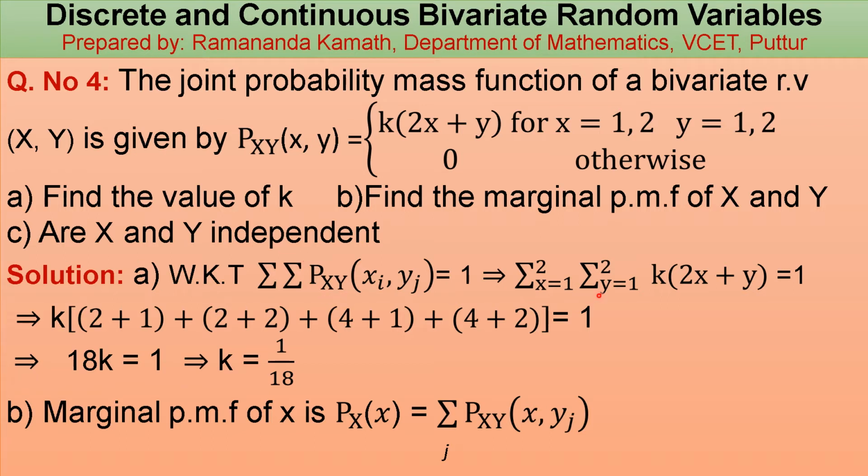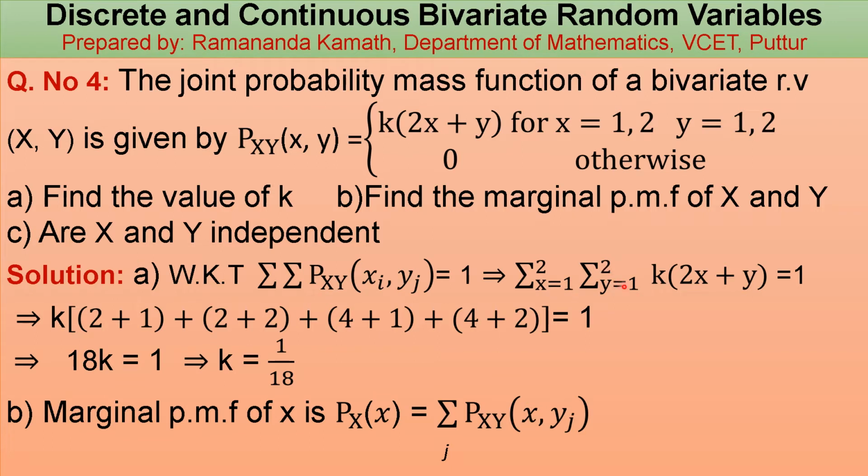For these x and y values, the joint probability mass function p_XY(x_i, y_j), or p_XY(x, y), will be k(2x + y). So that sum must be equal to 1. Now expand this double summation: take x as 1, then take y as 1 and 2.